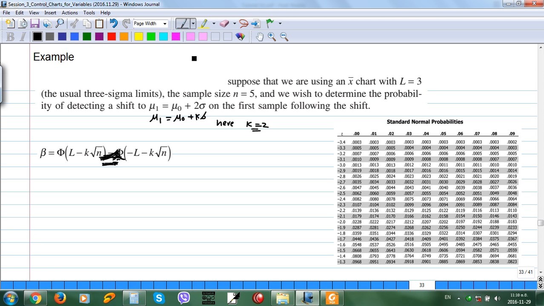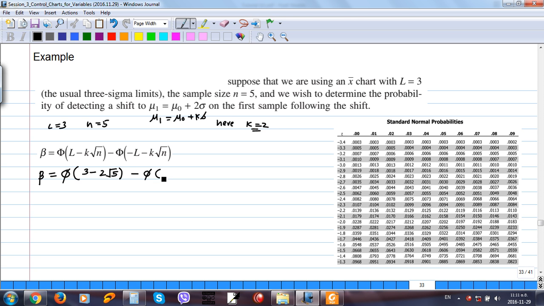Now since k equals 2, we can substitute the values into this equation and find the beta. Beta equals phi of L, which is 3 given, minus k root n, with n equals 5. We found k, then it is 3 minus 2 root 5.